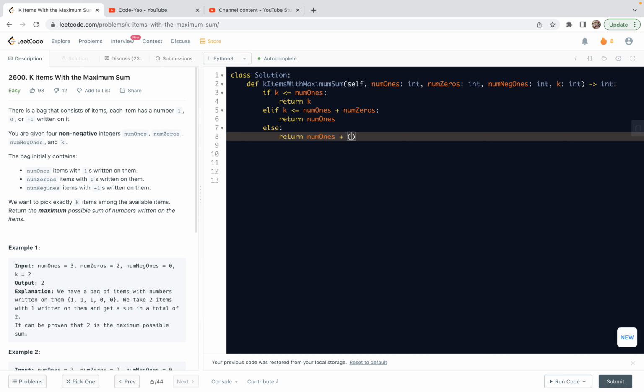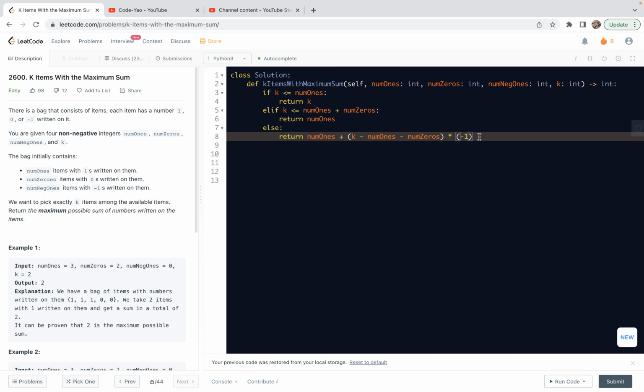The number of items we choose is k minus num1s, then minus num0s, right? So the contribution of each item here is negative 1, right? We sum the num1s and then we sum the negative 1s. Then this is our score or sum.